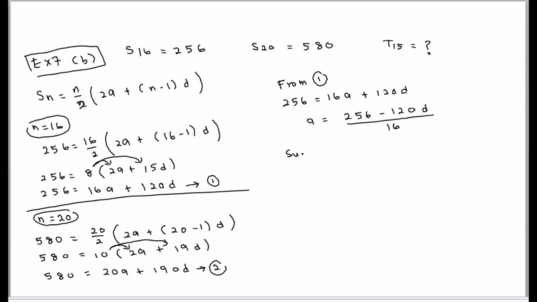Then we can substitute into the second equation. Substitute into equation 2: 580 equals 20a plus 190d. Instead of a, substitute a by 256 minus 120d over 16.